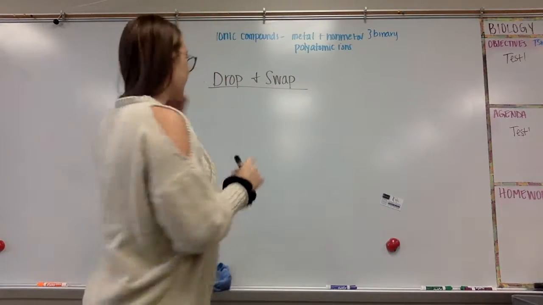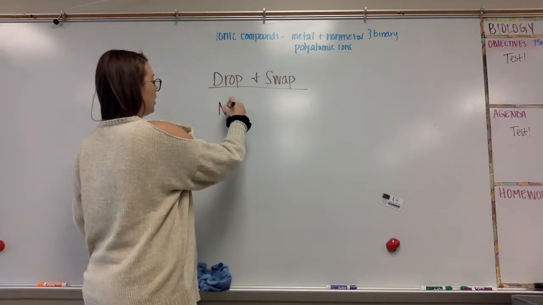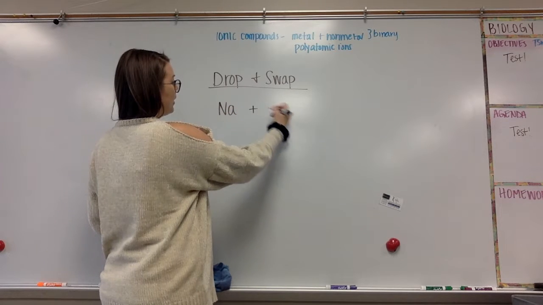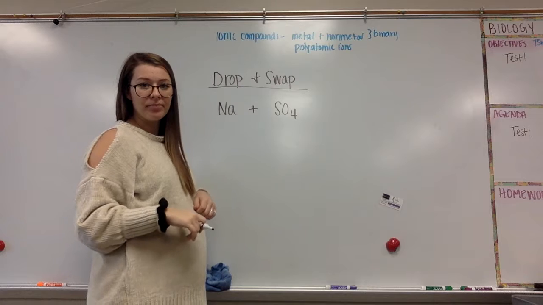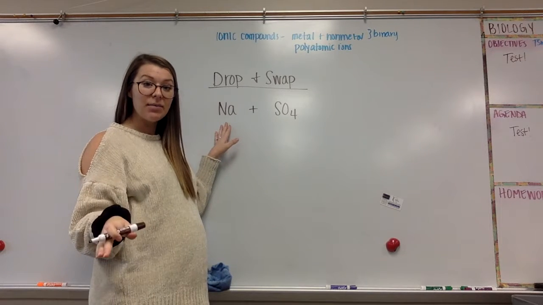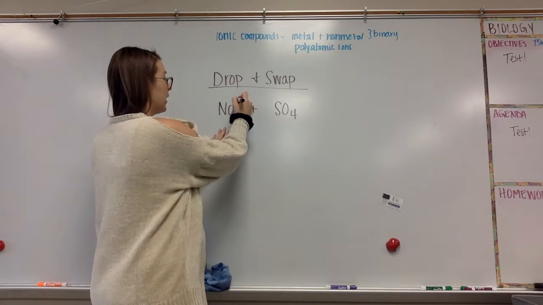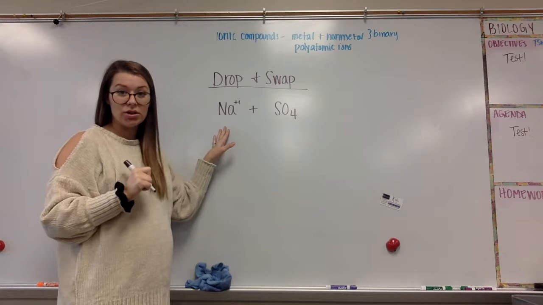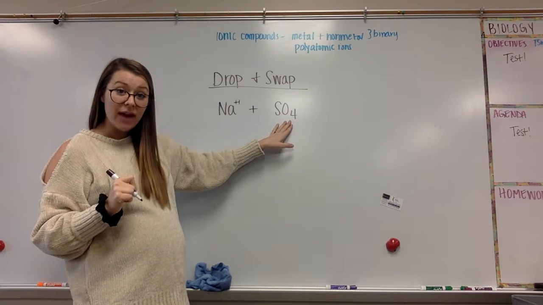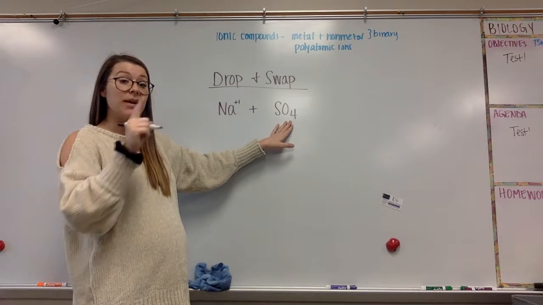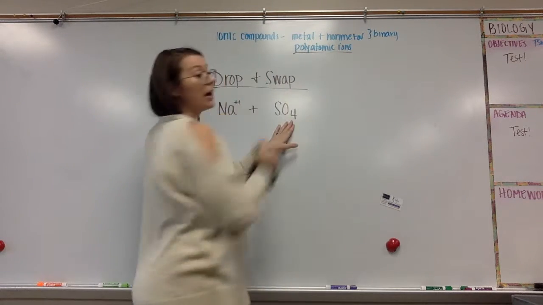So let's say I have sodium and sulfate. Okay? Sodium on the periodic table is in group 1, giving it a +1 charge. Sulfate is a collection of atoms that makes an ion, which makes it a polyatomic ion.